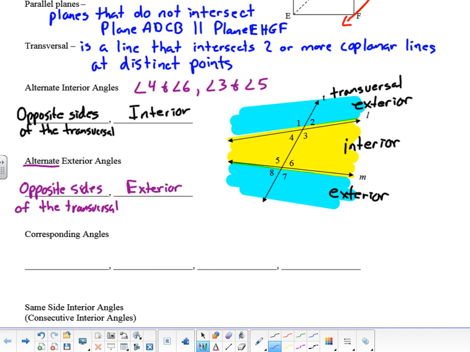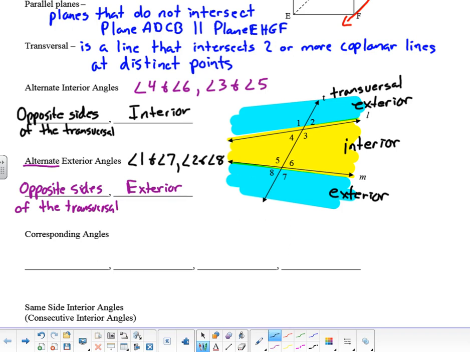So let's see if we can find some pairs of alternate exterior angles. If we looked at angle 1, what would be on the opposite side? Well, it would be angle 7. Okay, so angle 1 and angle 7. And then angle 2 and angle 8.